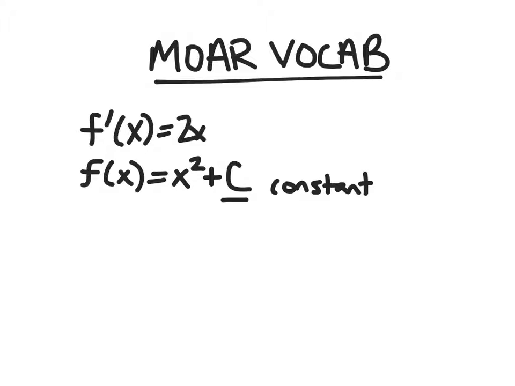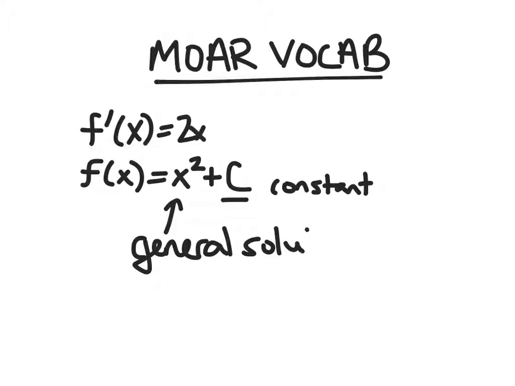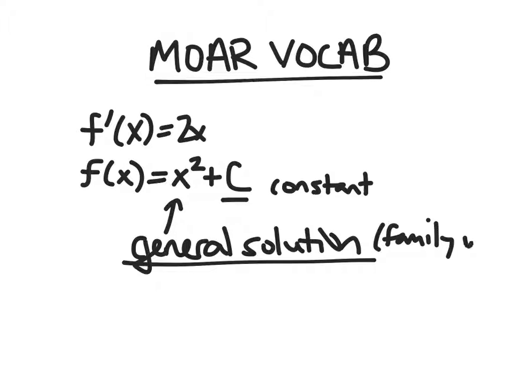We're just shifting our graph up or down. None of the slopes at any points change, so all the derivatives are the same. This infinite family of solutions is what we call a general solution to the differential equation. So a general solution is a family of functions that all satisfy it.